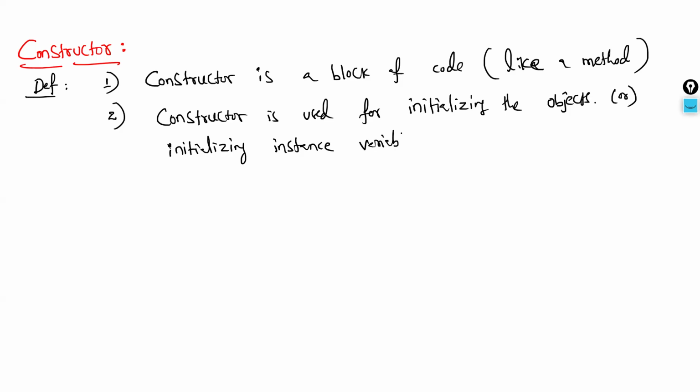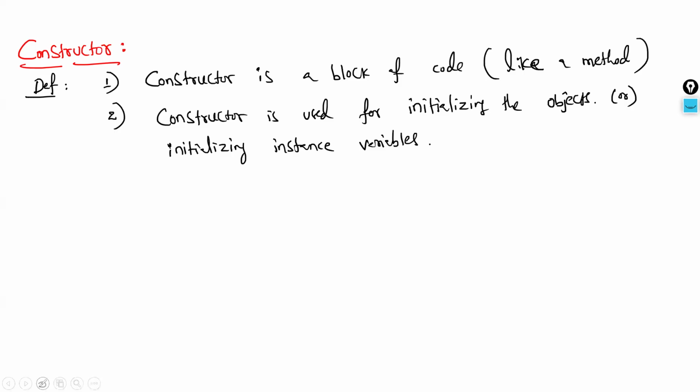More clearly, instance variables only. This is the definition or meaning of a constructor. It's a block of code, like a method only, not exactly a method. It is used for initializing the objects or the instance variables. I'll improvise this definition slowly as we move forward in the constructor concept.